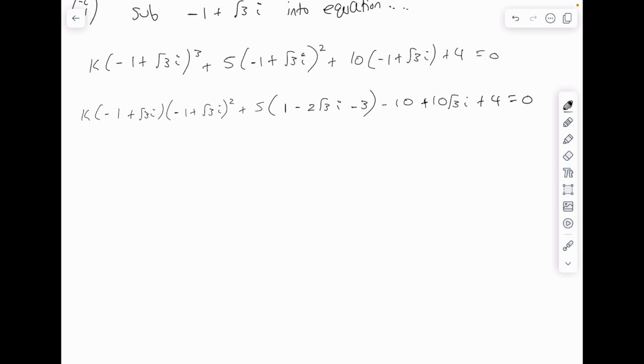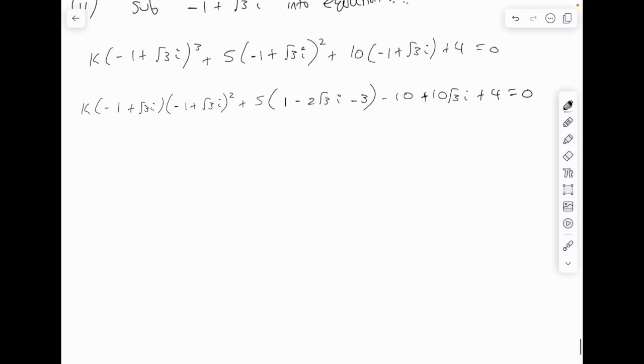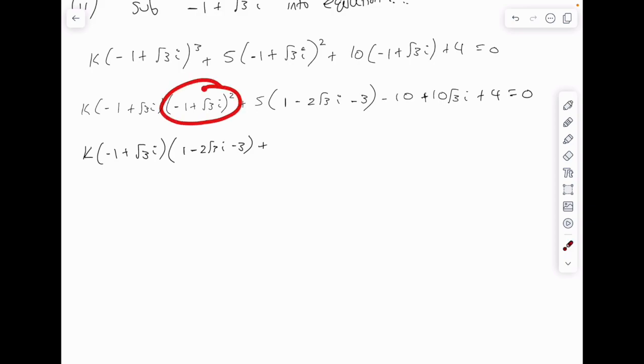Okay, brilliant. So now that we have that, we can get to the next bit. So you can say k root 3i, then we get 1 minus 2 root 3i minus 3, because this is going to multiply out, plus 5. What are we going to do here? Plus 5.